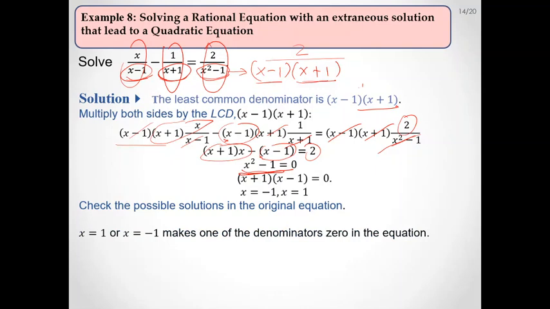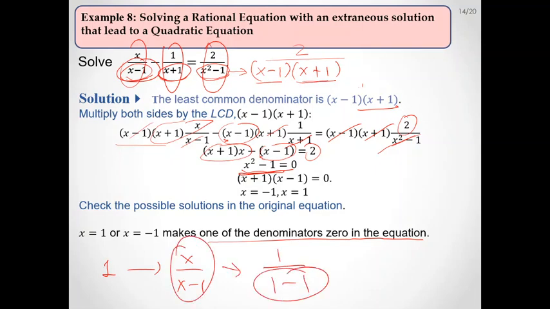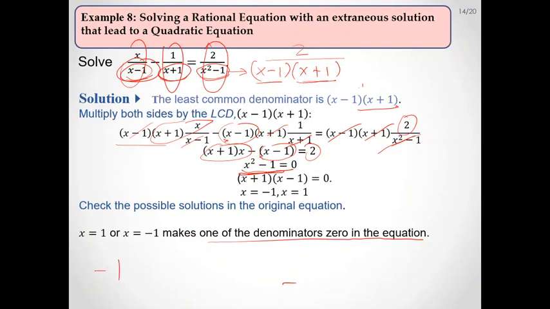Now this 1 or minus 1 makes one of the denominators 0 in the equation. So here, when you put 1 in this term, it makes 1 over 1 minus 1, so there's 0 here. So 0 is not accepted. So 1 cannot be accepted. And when it comes to minus 1, look at this one, 1 over x plus 1, and it will be minus 1 plus 1.